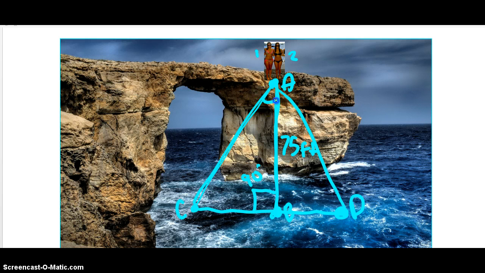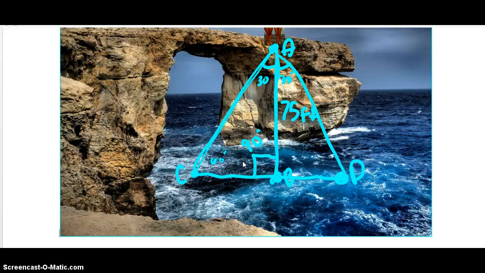This and this right here are said to be 30 degrees. So we get that this is a 30, 60, 90 triangle, because when you add all these up, it makes 180 degrees.